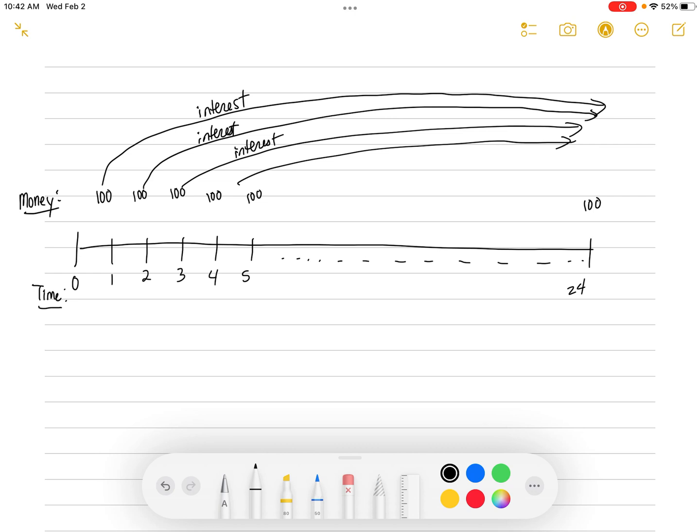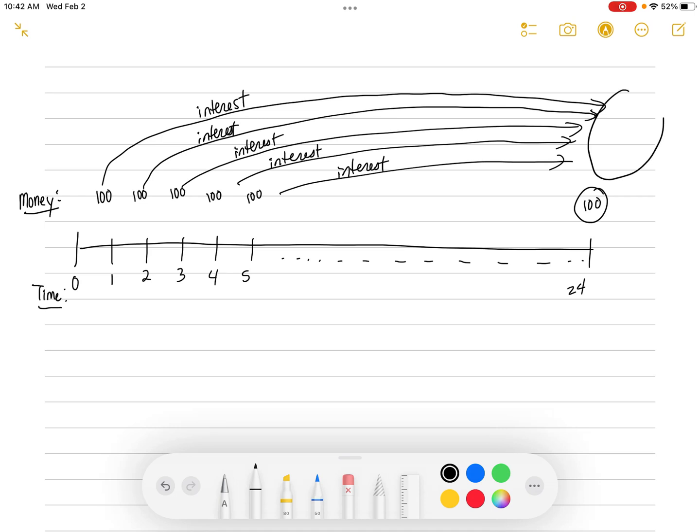And this continues. For all of these months, you're going to accumulate interest on those $100 payments, except for the end of the 24th month right here. You're not going to accumulate interest because you're right there at the 24th month. But all the other months are going to accumulate interest.